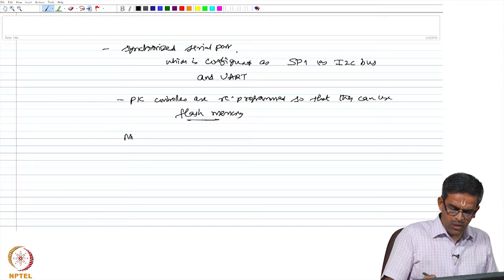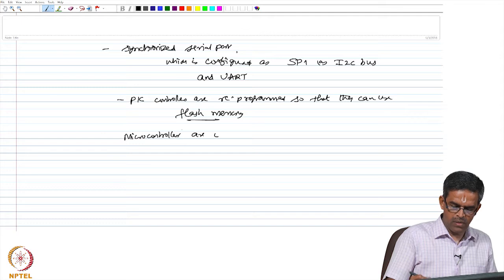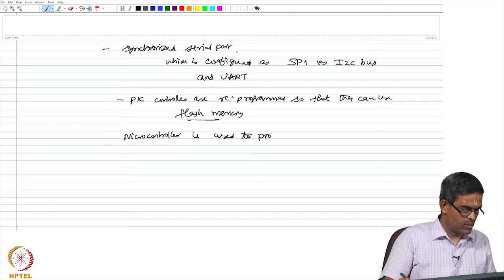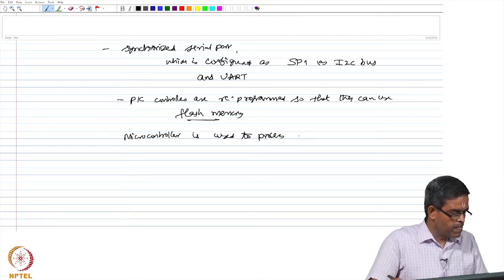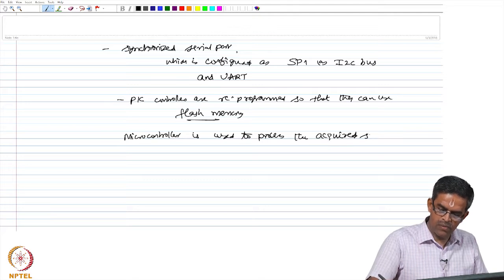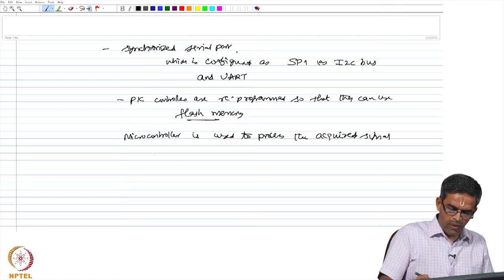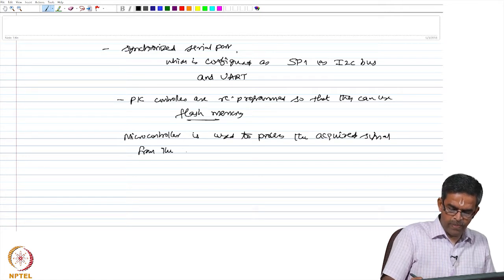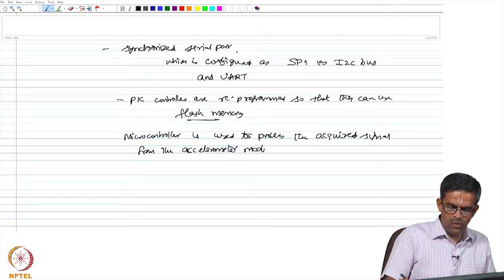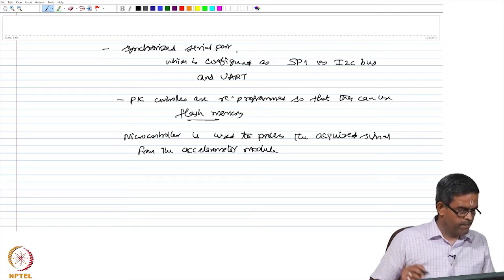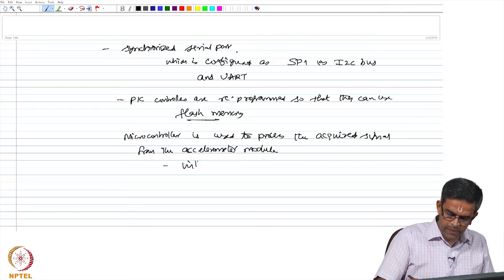The microcontrollers are used to process the acquired signal from the accelerometer module, which can also withstand high temperature variation.